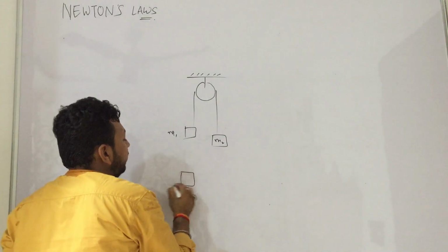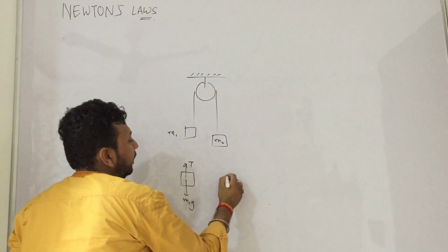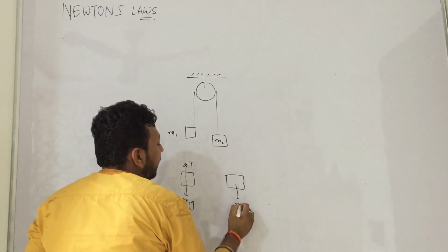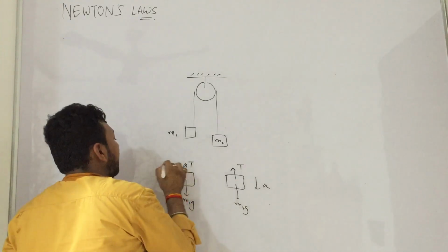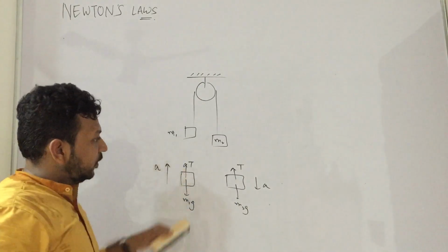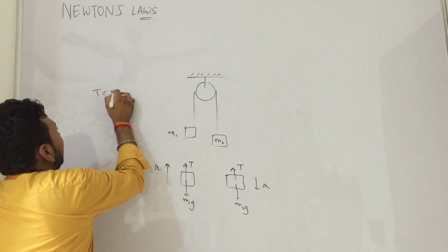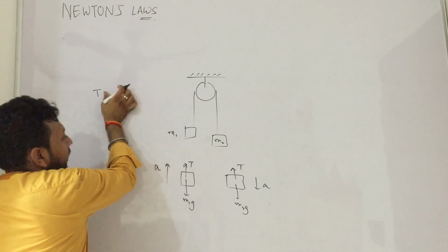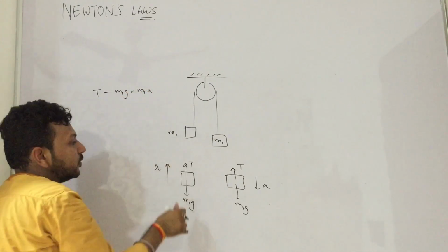So how do you form the FBD? m1g, T, and m2g, T. Acceleration. So what will be the equation? T minus m1g is equal to m1a. Net force is mass into acceleration.